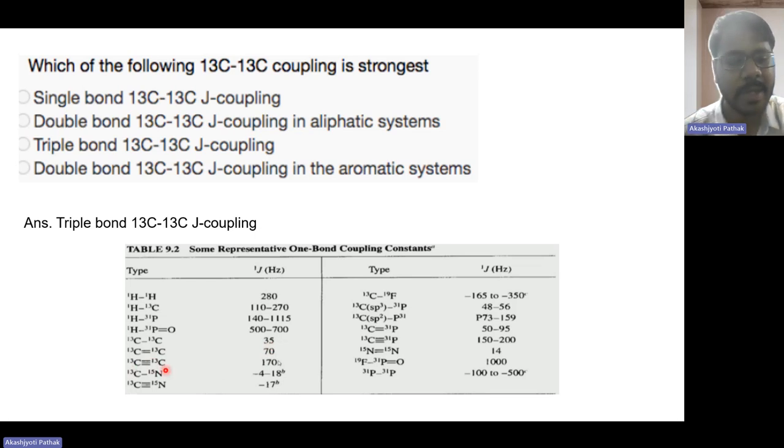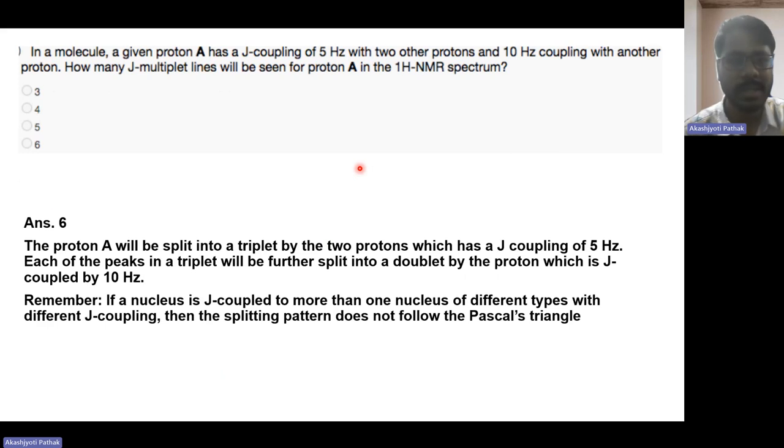And in a C13 triple bond, the J value is 170. So you see here, the value of J coupling is highest for the C13 triple bond. So C13 coupling is strongest for the triple bond. We will move to the next question.